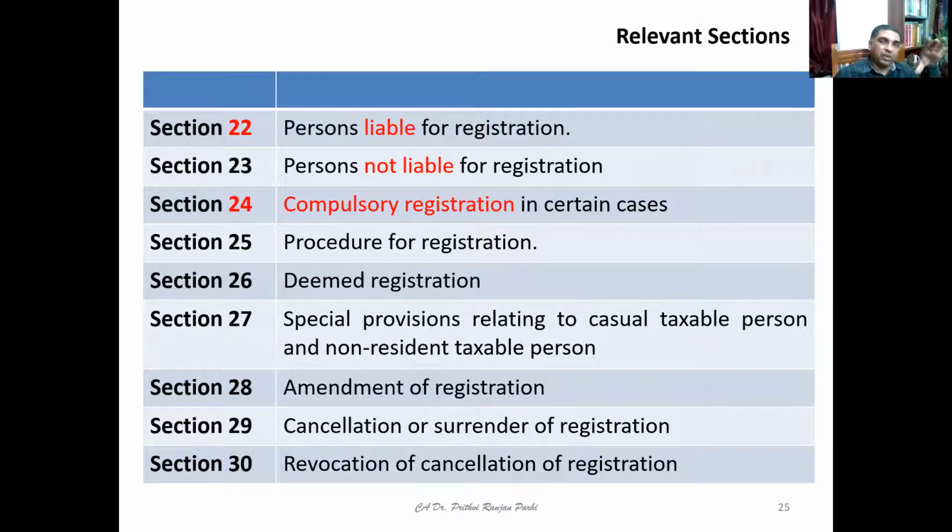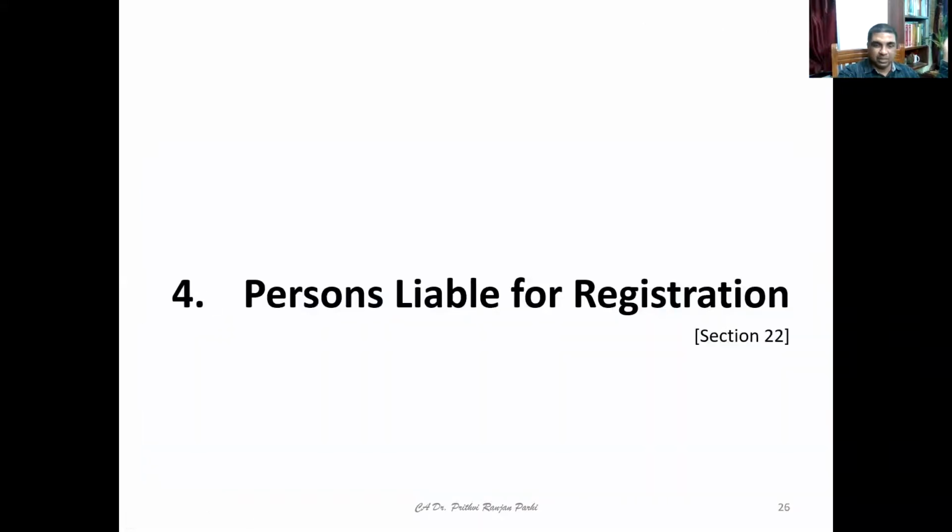Now, our plan is to cover all these sections to the extent possible. Some sections are more important for us; we'll go deep into those. And some sections we may cover at a surface level. So these are the relevant sections. Now we'll be understanding who the persons liable for registration are.